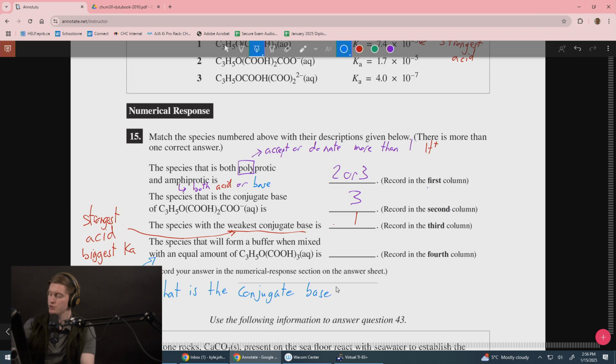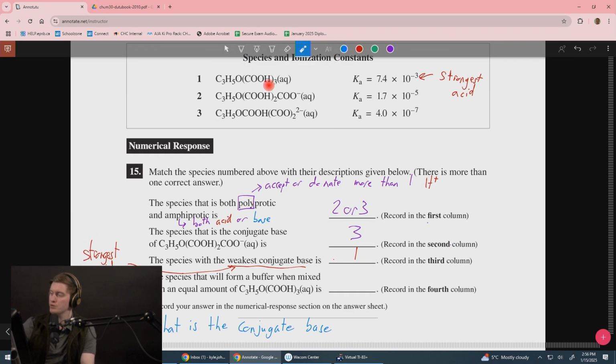Because a buffer solution will be an acid and its conjugate base. If you were to lose 1 proton from citric acid, and then you form this dihydrogen citrate anion, then this is our conjugate base. So the buffer solution would form if you combined it with number 2 here. So we got 2 answers to this one. It could be 2-3-1-2, or it could be 3-3-1-2.